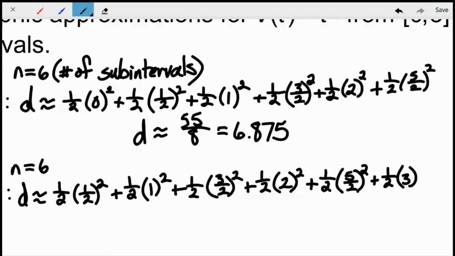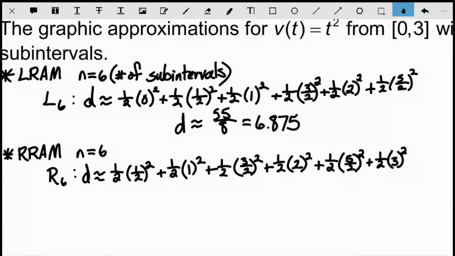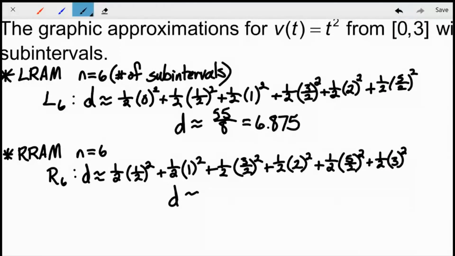The right side of that subinterval is at 3, so that would be my last rectangle. Notice we have 6 rectangles again, just base times height every time. This time though, when I add this up, my distance is approximated to be about 91/8. Well, that turns out to be about 11.375.